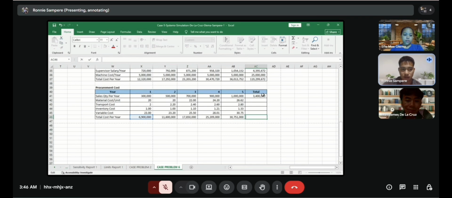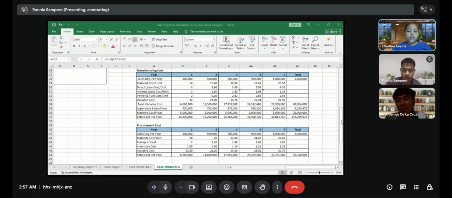The total for the cost per year, using the formula equals sum of the cells, for total cost per year is 92,310,000 pesos.